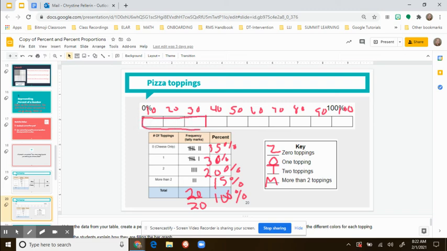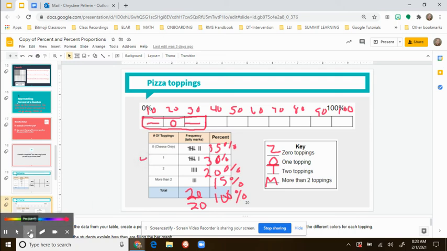Just trace it, and then write O for 1 topping. That means all of this is 1 topping. I'm not going to color it because that'll get confusing in a minute. Go ahead and make that for the 30%. I'm going to check this off because I'm done with that one.